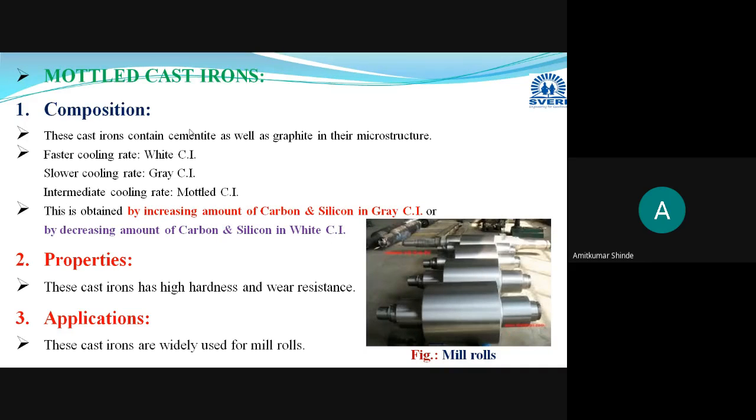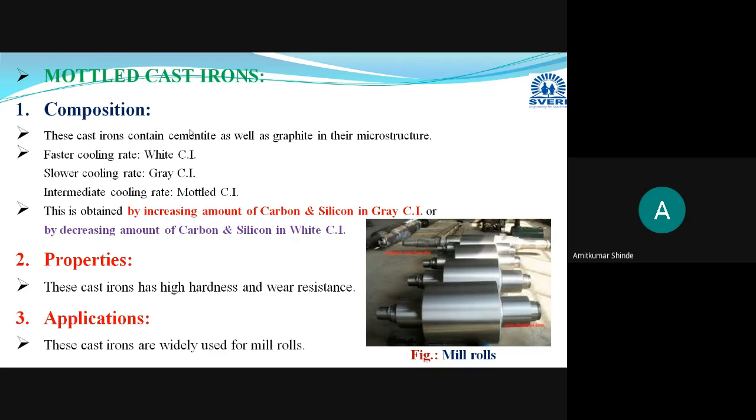Now, how to control the structure so that you get the combination of white cast iron and gray cast iron? First is the selection of the cooling rate. You have to select the intermediate cooling rate. Another way is by controlling the composition.